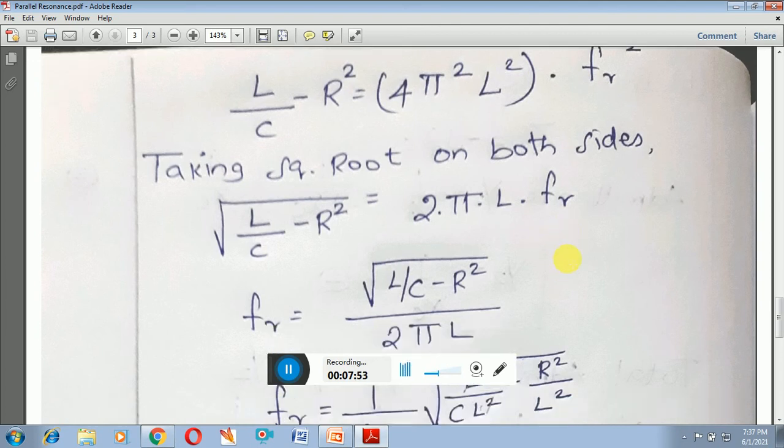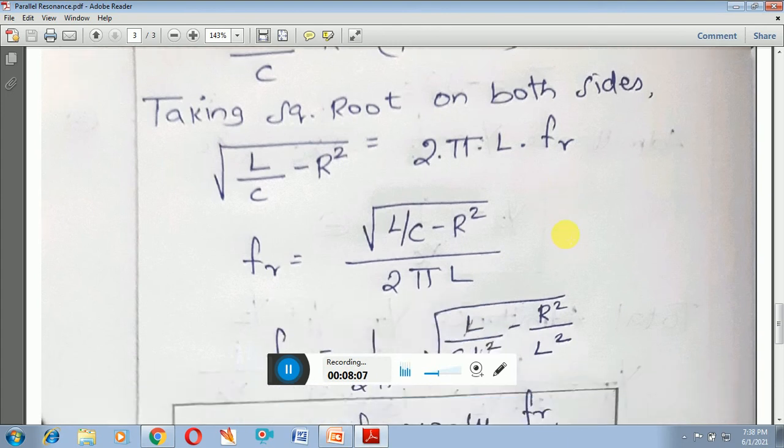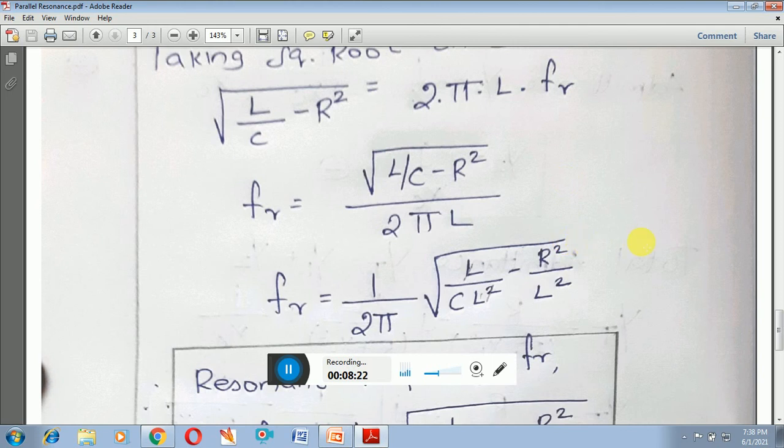Taking the square root on both sides, you will get root of L by C minus R squared equal to 2 pi L into fr. From that you get the resonant frequency as fr equal to, in the denominator 2 pi L, and in the numerator root of L by C minus R squared.